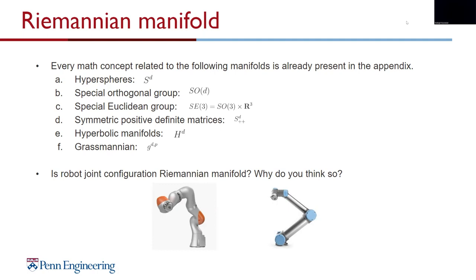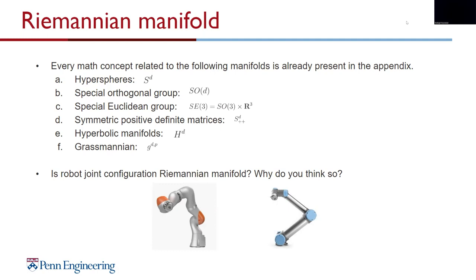So actually, joint configuration lies on the hyperspheres, for revolute joints. But your Phi robot doesn't have a joint limit. The Kuka has joint limits. If you have a joint limit, it's actually not a hypersphere, so it's not a Riemannian manifold, but you can treat it as a subgroup of a Riemannian manifold.